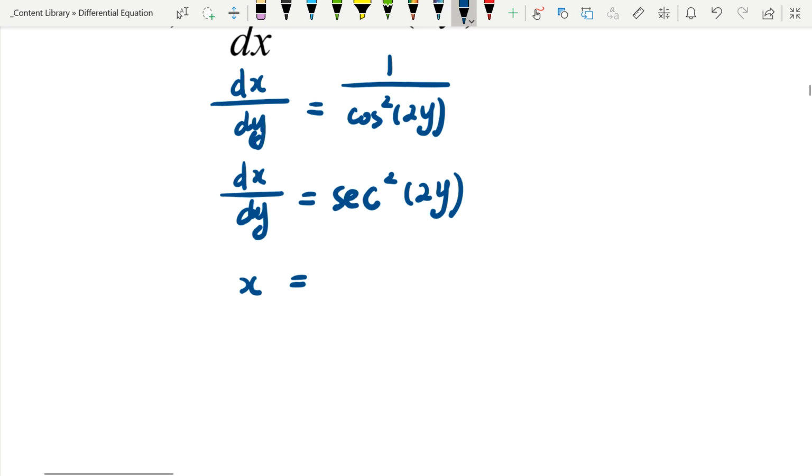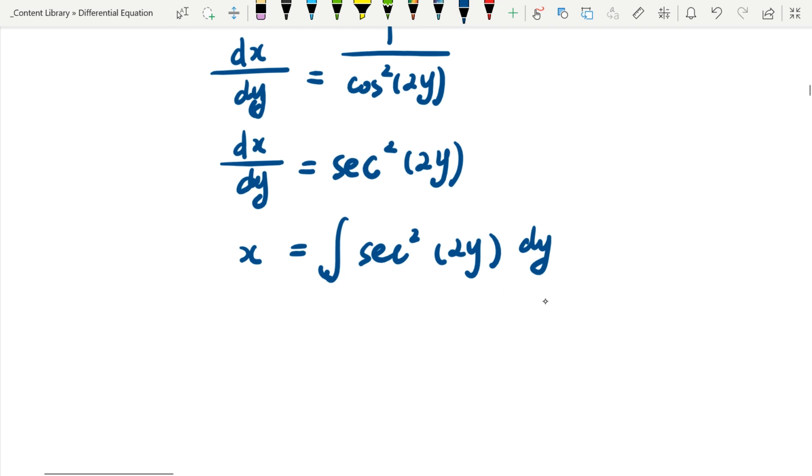What does x equal in this question? If you have dx/dy, x equals the antidifferentiation of sec squared of 2y, yeah? So it's half tan 2y plus c again. Okay, it needs to have plus c again here.